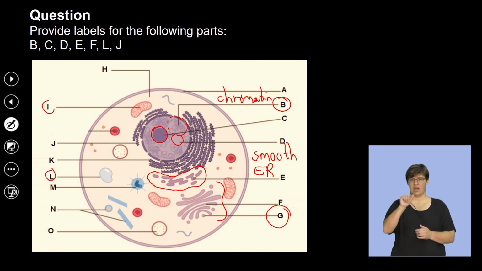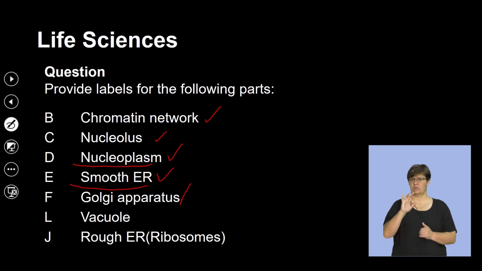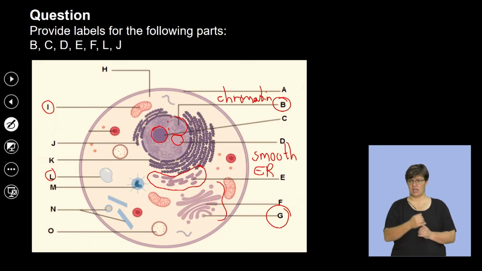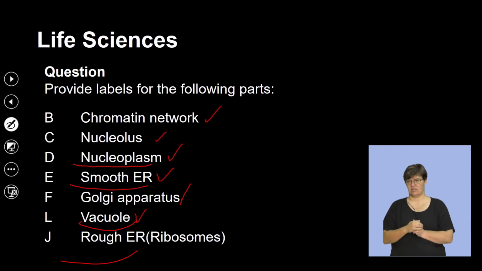Now J points to this structure, which is the endoplasmic reticulum. But again, these are dotted with ribosomes, so that's the rough endoplasmic reticulum.